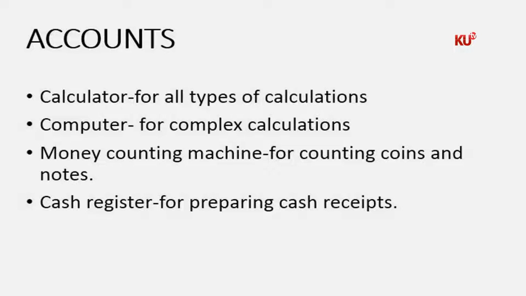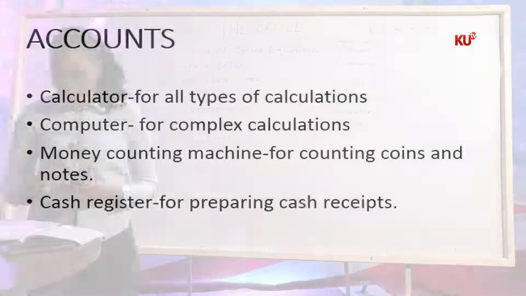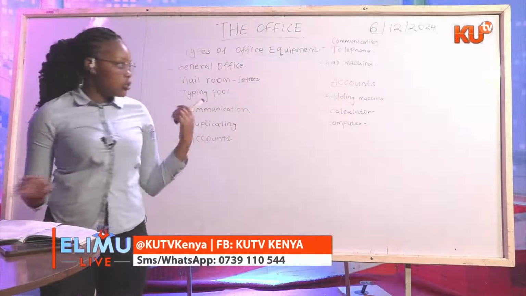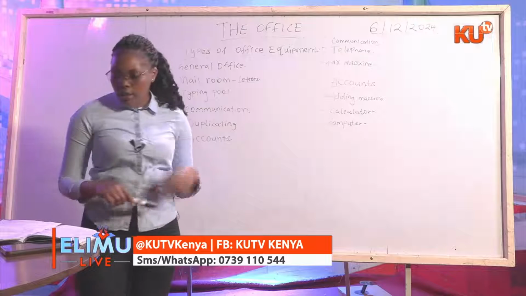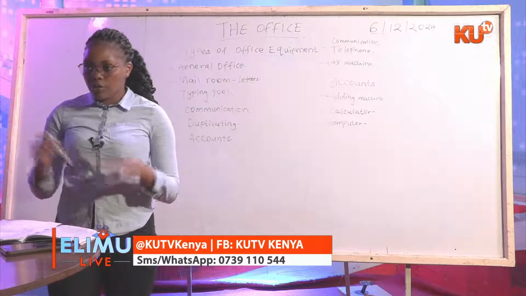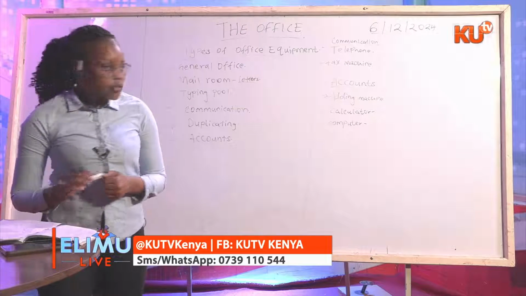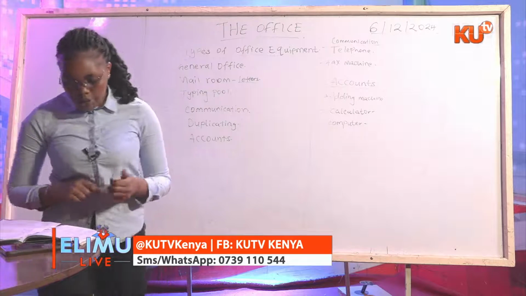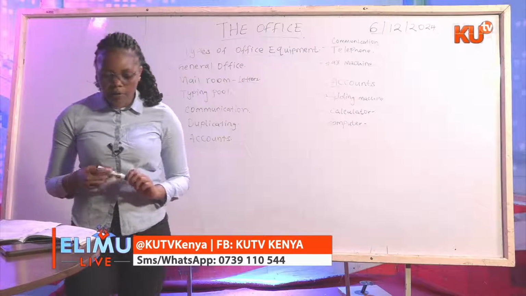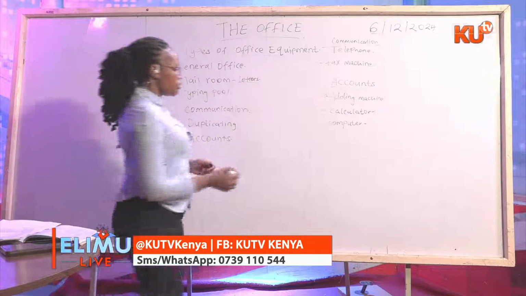It can be used because it is more efficient, it is more accurate, because when someone is using a calculator, they might miss out some digits, but when you're using a computer, at least it's going to give you the right figures, because also the display is a bit wider as compared to that of a calculating machine. Then the next one we have is a money counting machine.